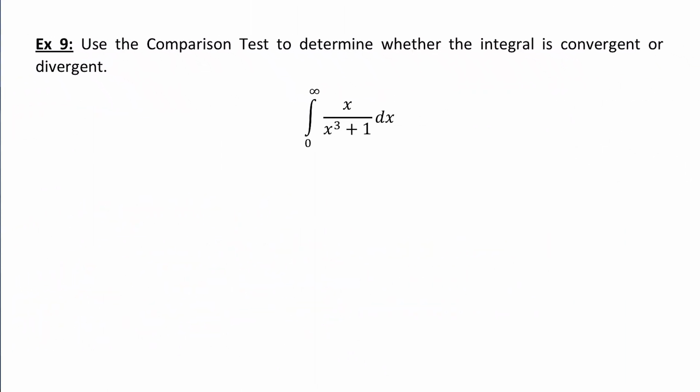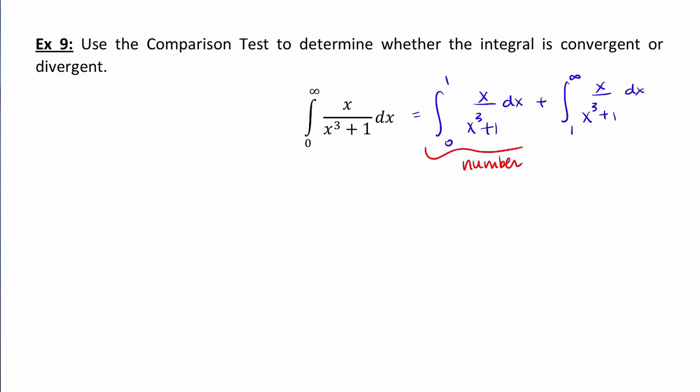I can rewrite it as the integral from 0 to 1 of x over x cubed plus 1 dx, plus the integral from 1 to infinity of x over x cubed plus 1 dx. The first integral from 0 to 1, we can do using partial fraction decomposition. We know that from 0 to 1, that's just a number. So I'm going to go ahead and say this is just a number, okay?